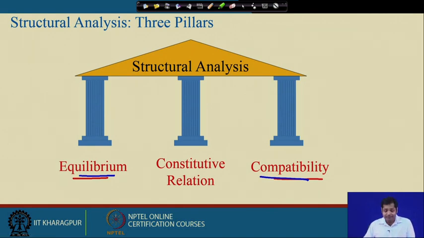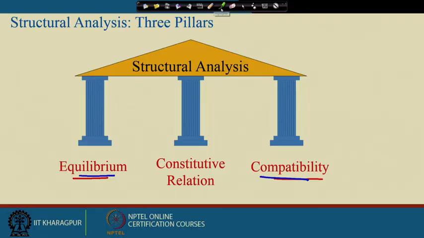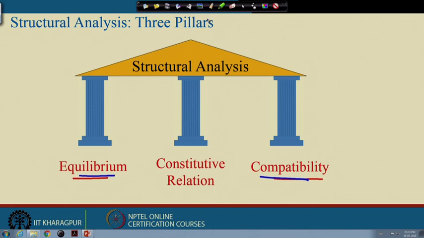constitutive relation. Equilibrium is related to force, compatibility is related to displacement, and the constitutive relation, the other pillar, tells you how these two important parameters, the force and the displacements, are related to each other. That is called the constitutive relation.